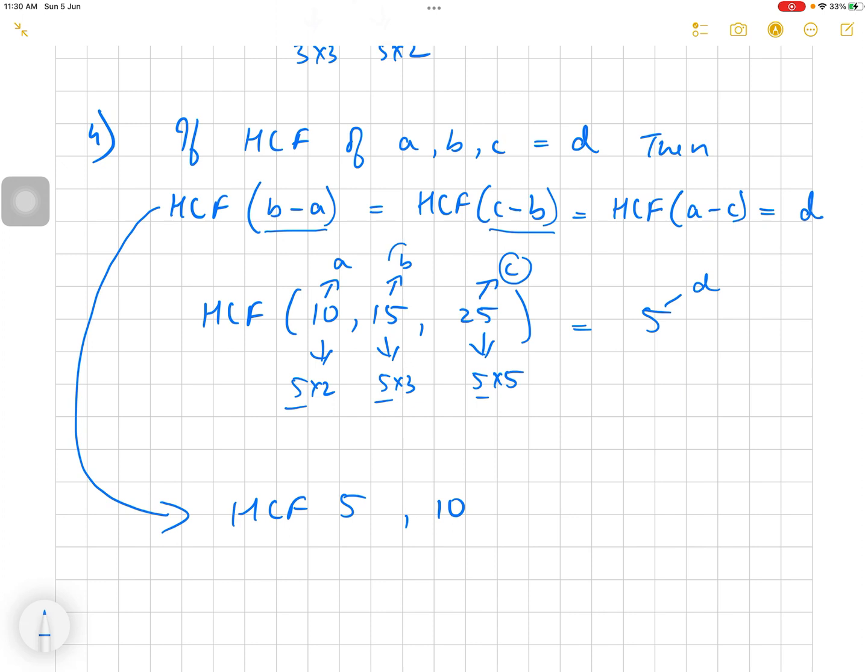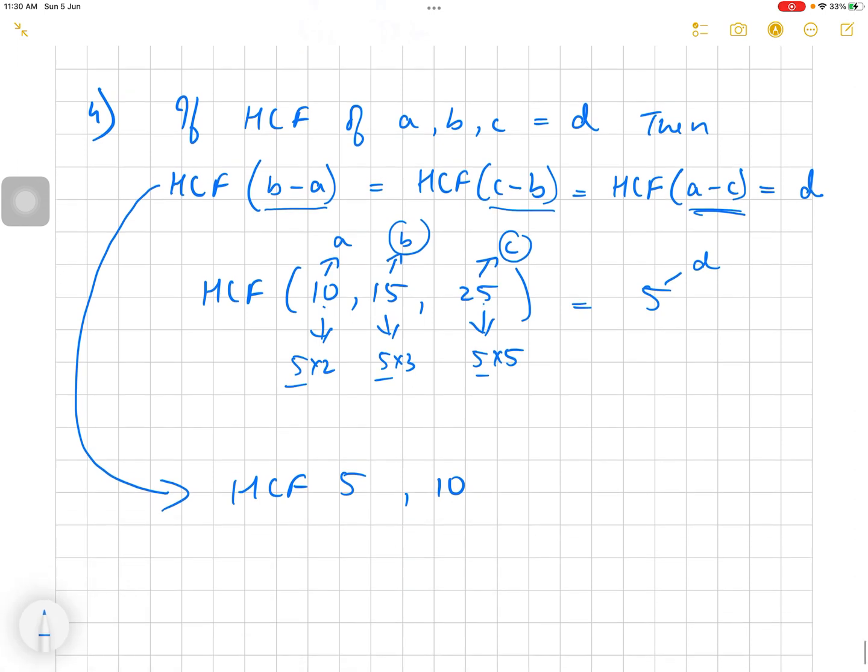And A minus C means 10 minus 25. So 10 minus 25 is minus 15.